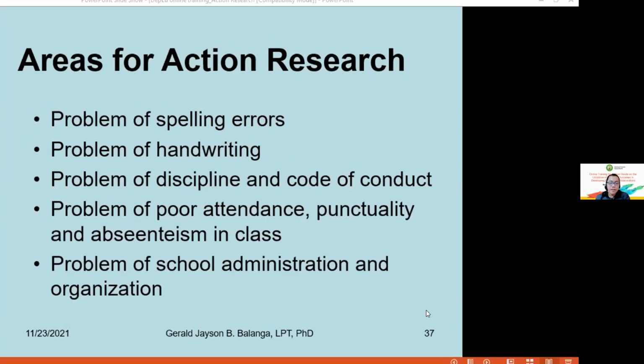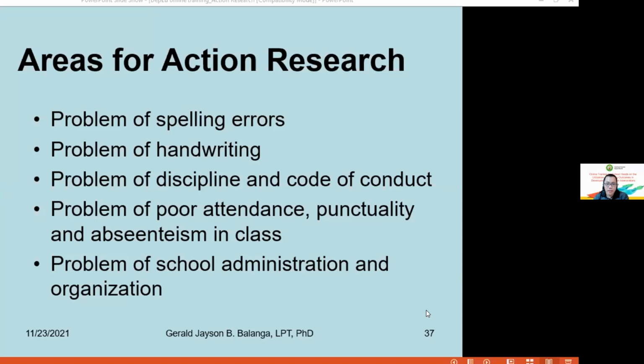Well, these are some problems which could be areas for action research. Spelling errors, that's one major area of concern, or problem of handwriting, like hindi nila alam mag-cursive, they have very bad handwriting or penmanship. Problem of poor attendance, punctuality, and absenteeism.